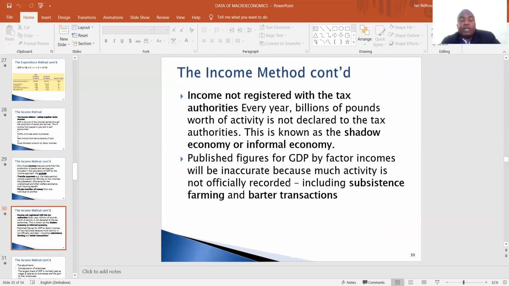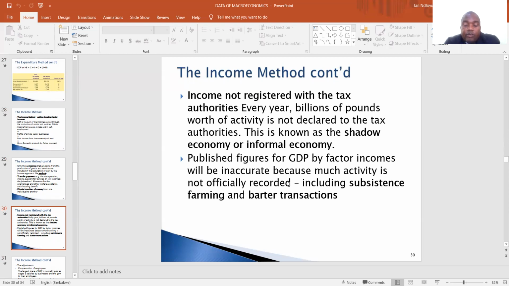So there might not be any capacity in a developing economy for the government to ascertain how much was produced for consumption at the domicilium et citandi of the production unit. Domicilium et citandi is the residence or the location of the production unit or the firm which is actually engaged in production.